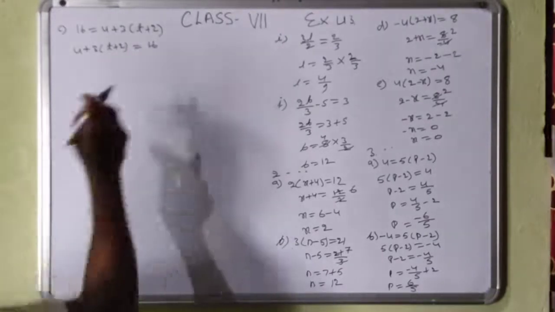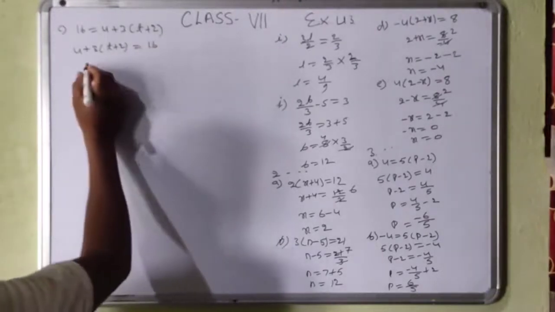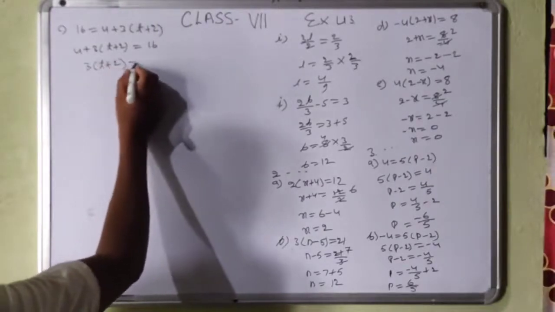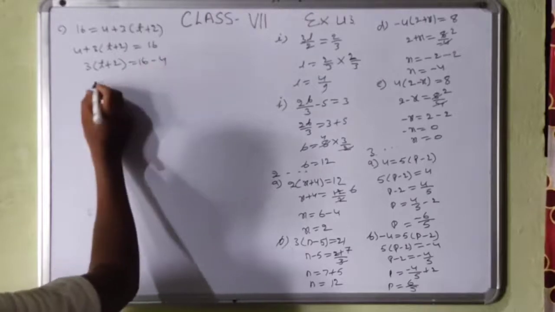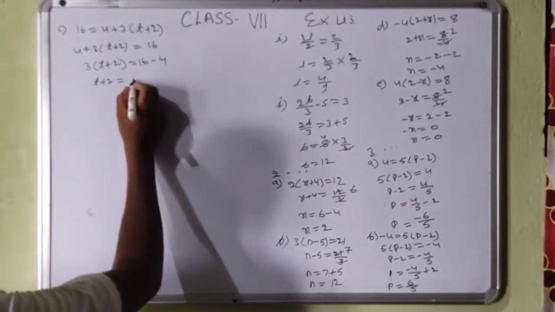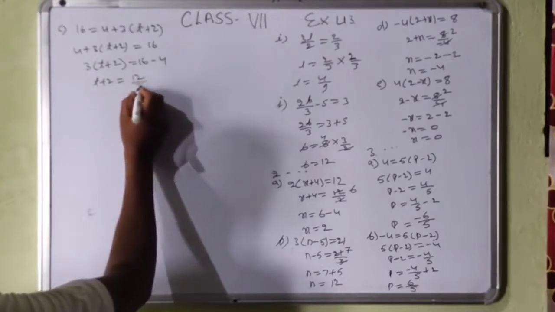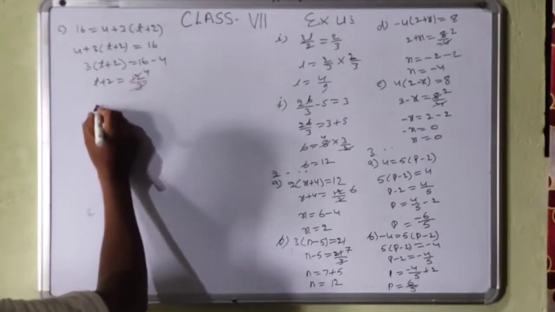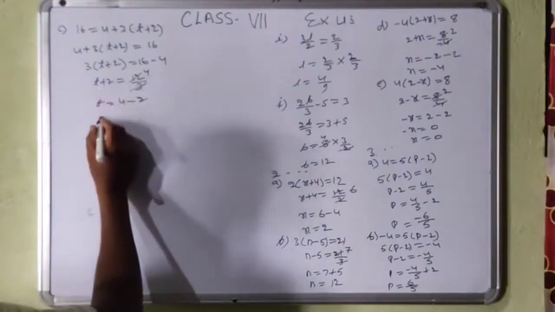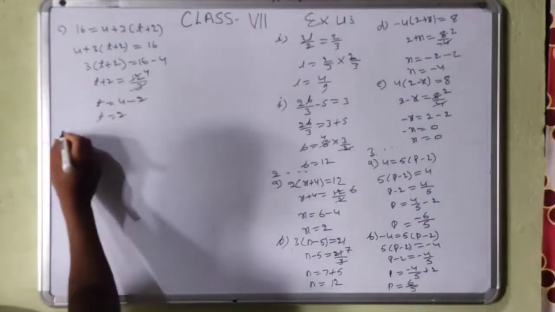First of all we will write like this. So 3 bracket t plus 2 is equal to 16 minus 4. So t plus 2 is equal to 16 less 4, 12, and this one will go here, 3 4s are 12. So t is equal to 4 minus 2, this will be interchange. So t is equal to 2.